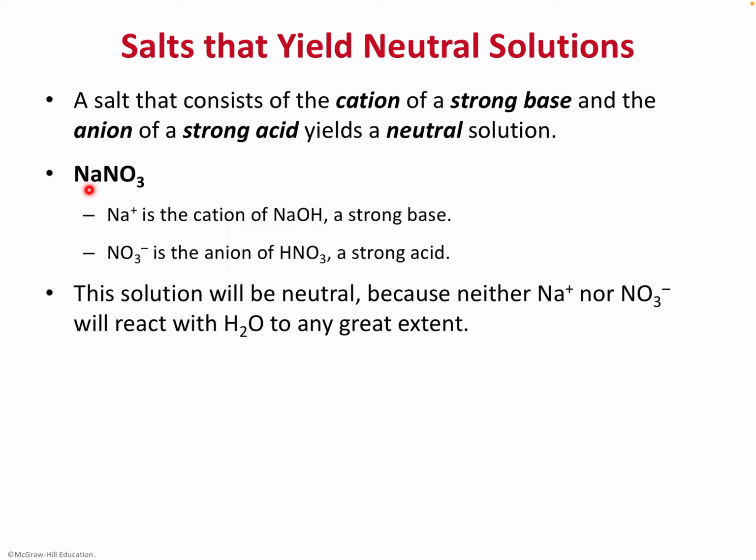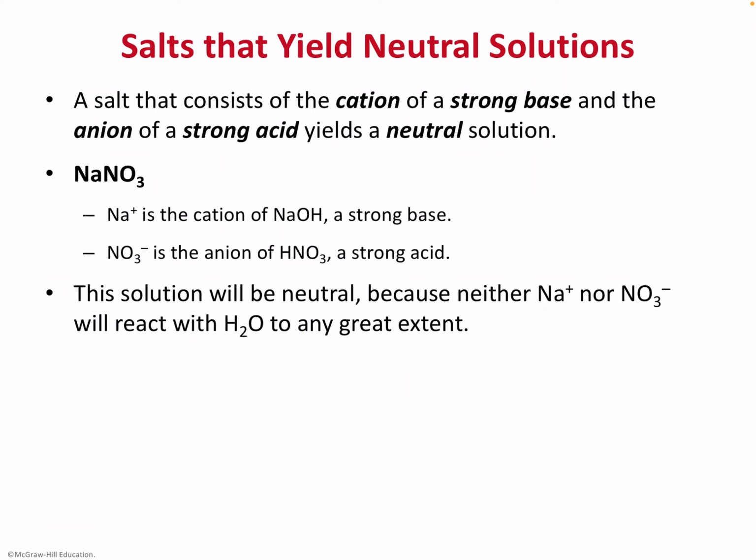Sodium nitrate is a salt. How do we get the sodium ion? Sodium is the cation of sodium hydroxide, a strong base. And nitrate is the anion of nitric acid, which is a strong acid. So this solution will be neutral because neither sodium nor nitrate will react with water to any great extent.